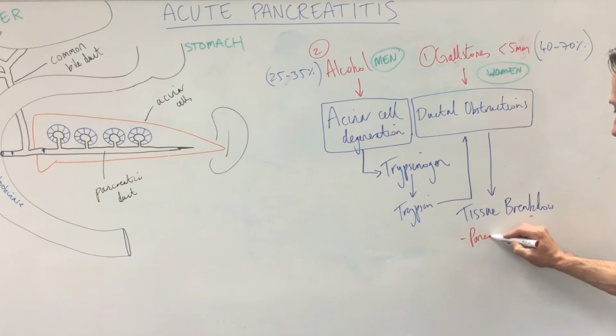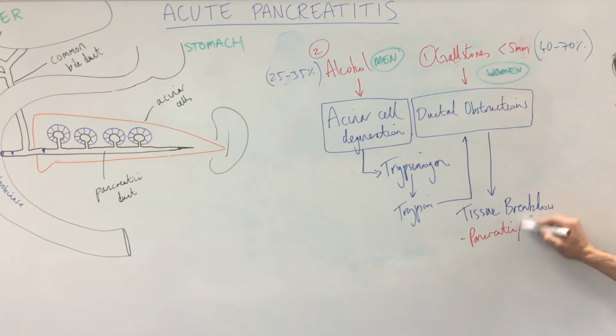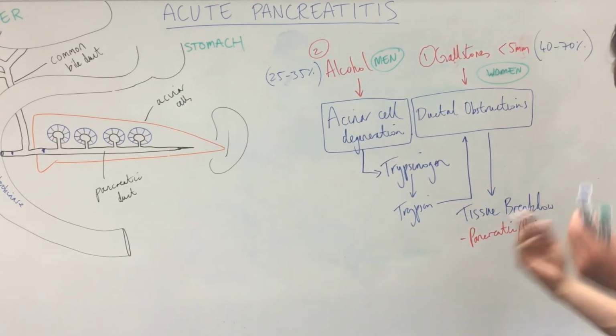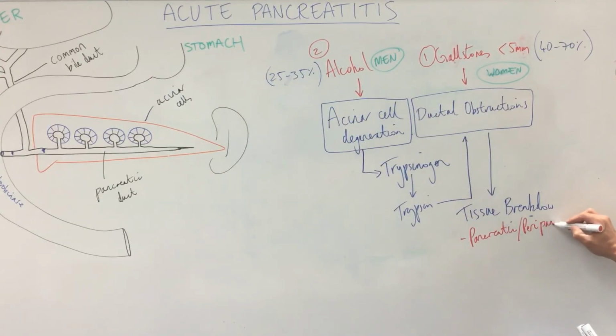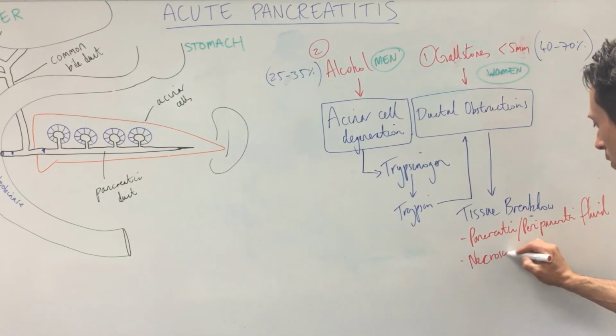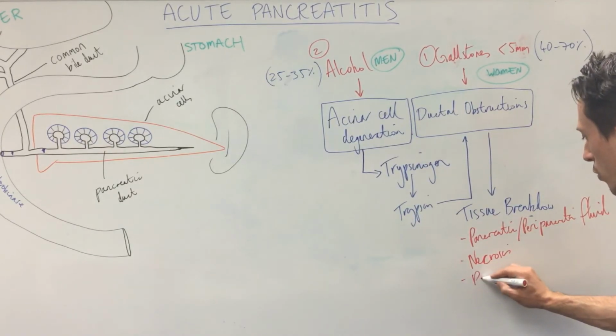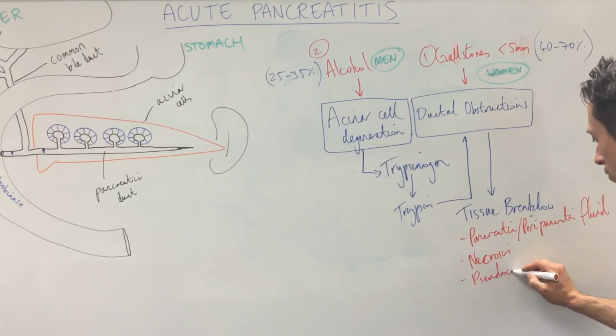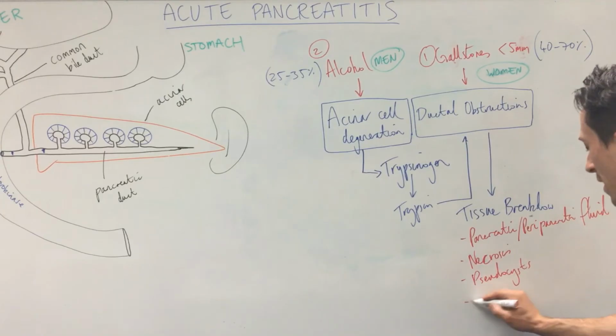Local complications are going to include pancreatic, or peripancreatic, so peri means near or around, fluid accumulation, necrosis, so death of that tissue, something called pseudocysts, and hemorrhage.